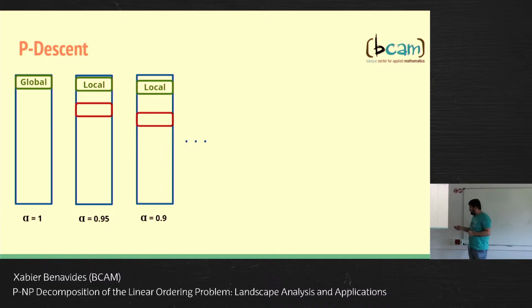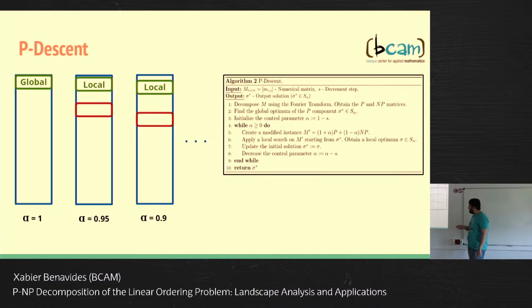So the idea of the p-descent is like performing a series of chained local searches in increasingly NP problems. This variation in the alpha parameter between consecutive instances is just a hyperparameter of our algorithm, which we call the decrement step.